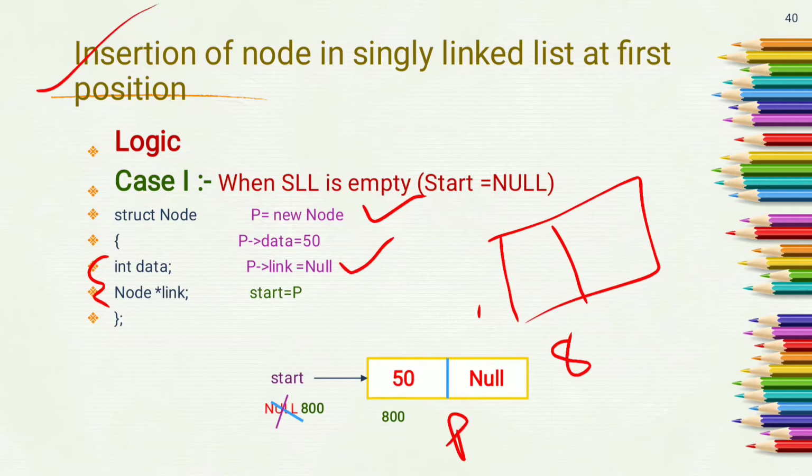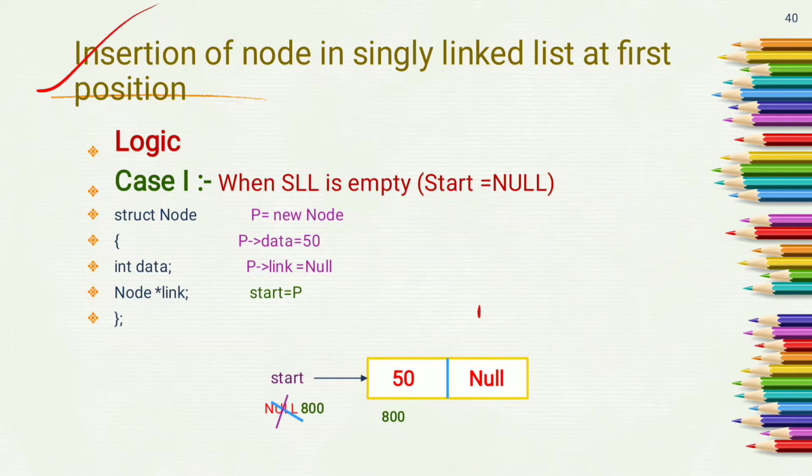This is the p node, and the data of p node is 50 and the link part of p is equal to null, as there is no other node available in the singly linked list, as the linked list was empty. Initially start contains null, but now the singly linked list contains a node p having address 800. So instead of null, we have to store 800, which is the address of p, into start.